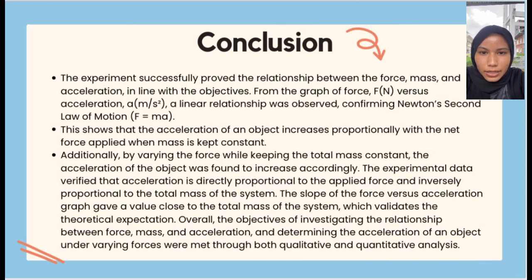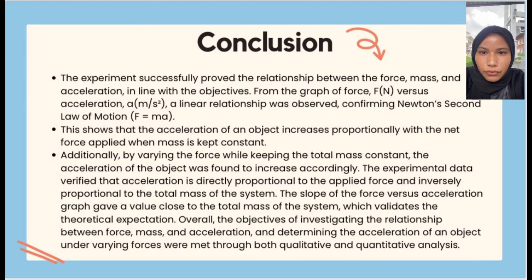This linearity shows that when the mass is kept constant, increasing the net force results in a proportional increase in acceleration. Next, when we varied the force while keeping the total mass constant, the acceleration of the object also increased. This tells us that acceleration is directly proportional to the applied force and inversely proportional to the total mass of the system.